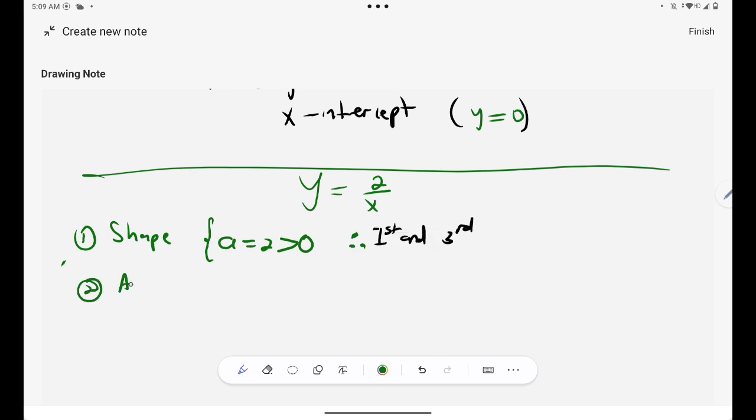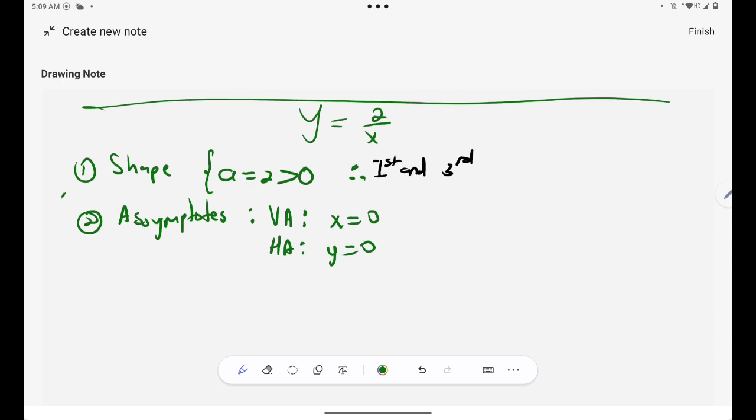Secondly, my asymptotes. Since I don't have anything added to x and I don't have any constant term here, it simply means that my vertical asymptote is a line where x is equal to 0, and my horizontal asymptote is a line where y is equal to 0.